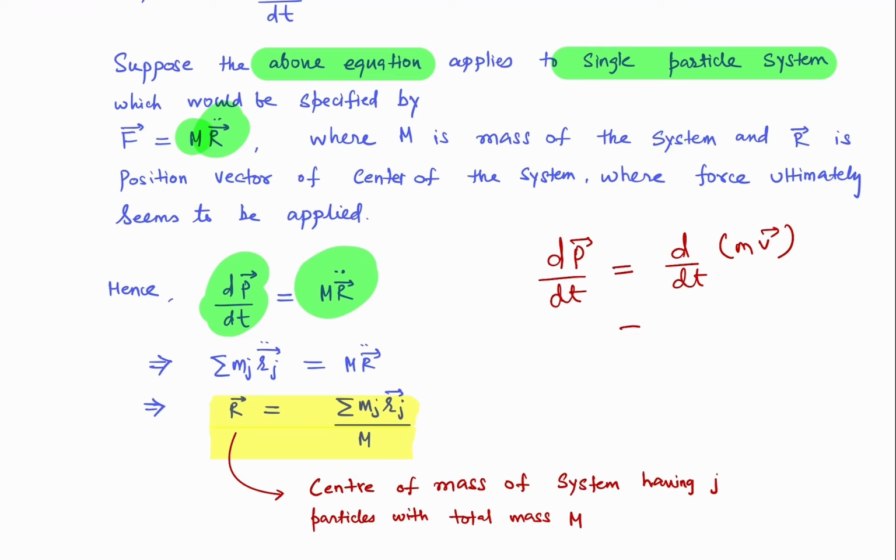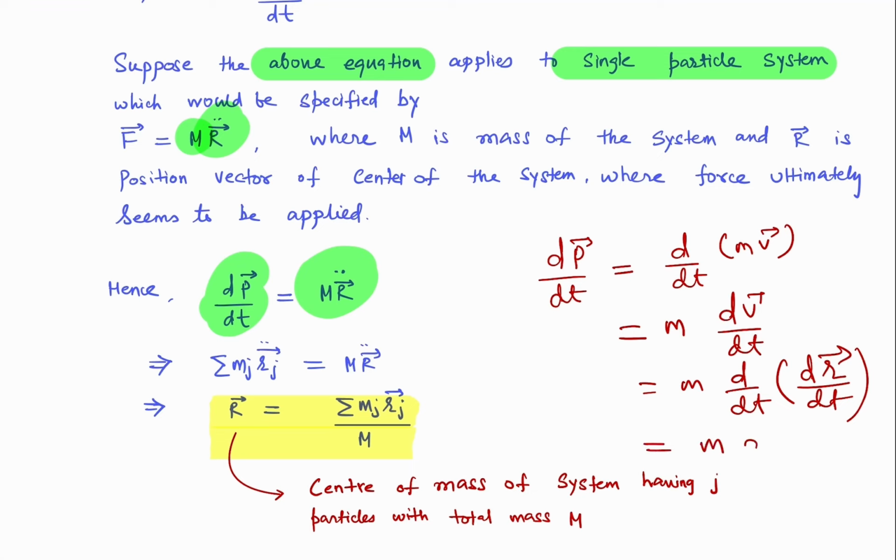We could take the m outside, and it is simply dv by dt, and v is simply dr by dt. R is the position vector, so you could write m times the double derivative of r with respect to t, and this is what we call m r double dot. So this is what we have written here.